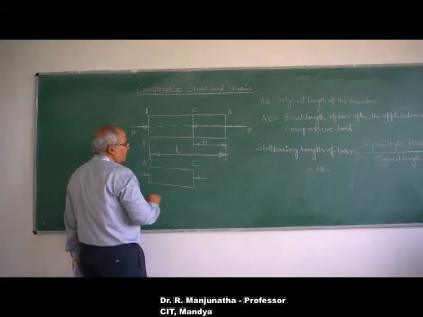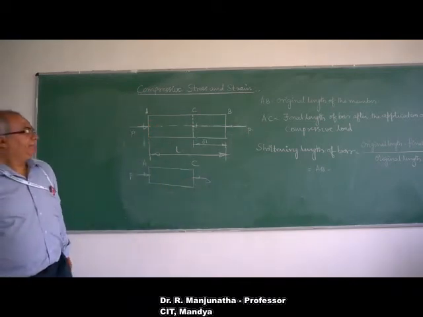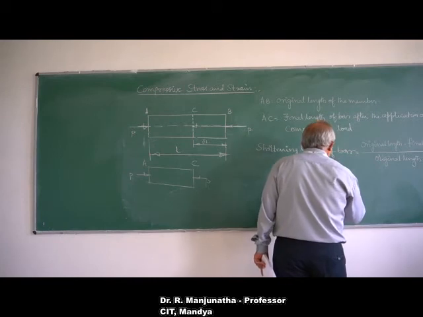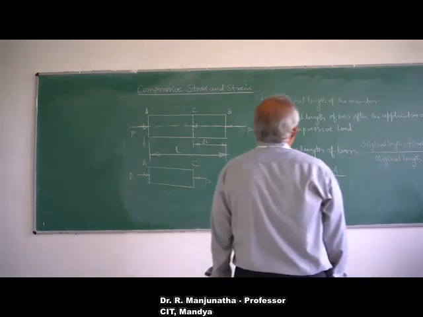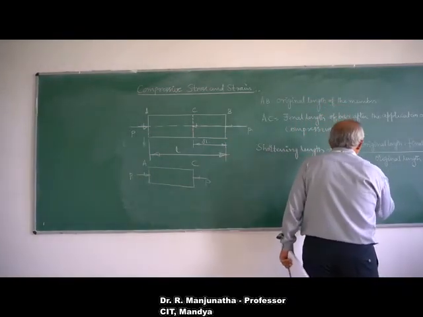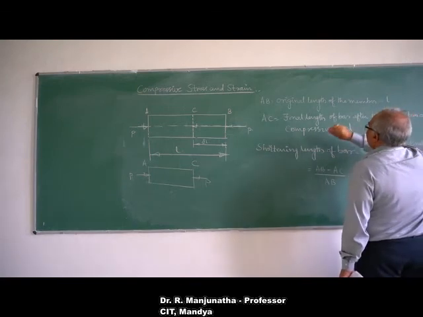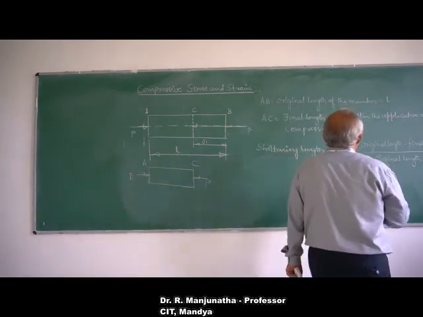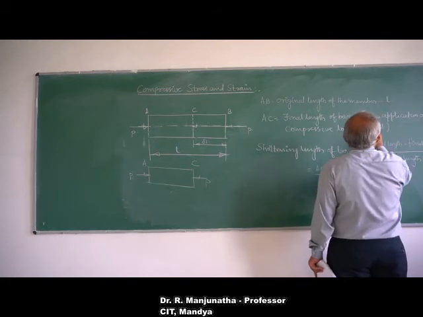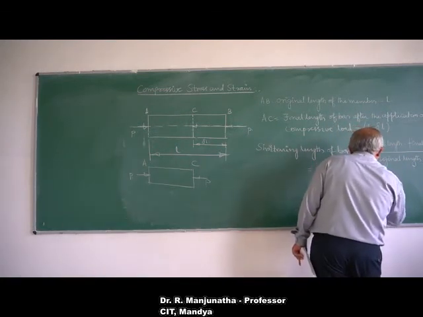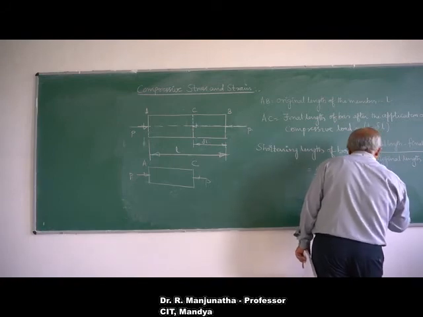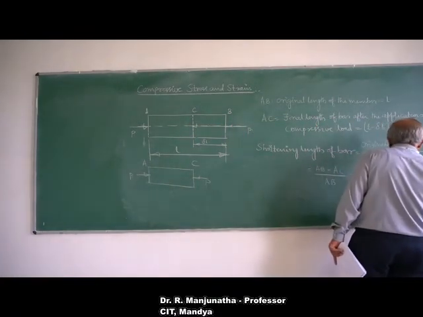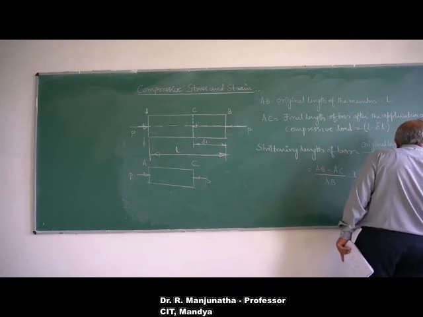So this is capital P, and this is capital P. The final length is AC, and the original length is AB. The original length of the member will be equal to L, and the final length after the application of load will be L minus delta L. So AC is L minus delta L, and the original length of the member is L. So we have L minus (L minus delta L), which is L minus L plus delta L once you open the bracket.